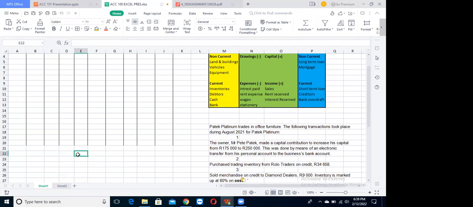And therefore, we already know that we have got a capital account, but we want to identify where the money is coming from and where the money is going. The money is coming. So the first account that we have, note that this is just a working sheet.